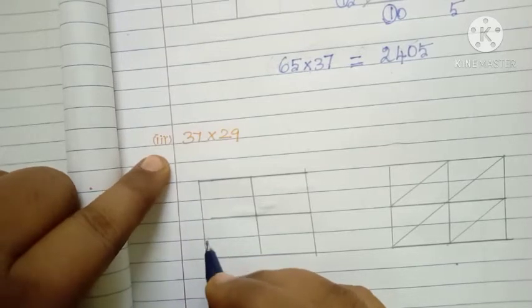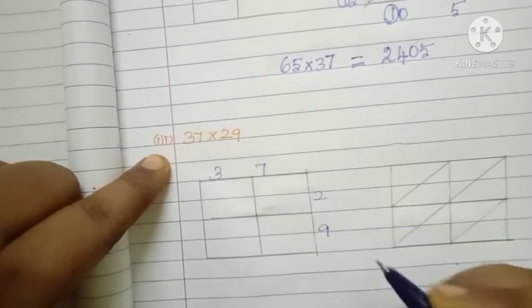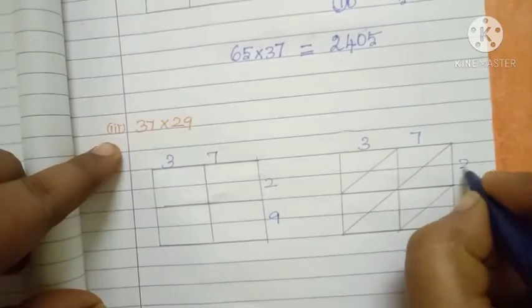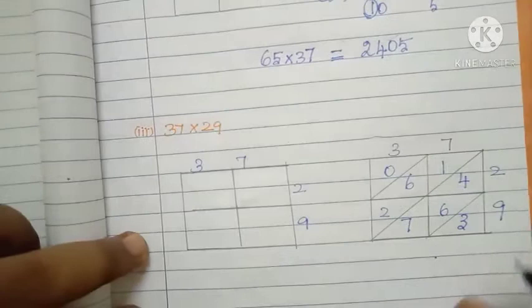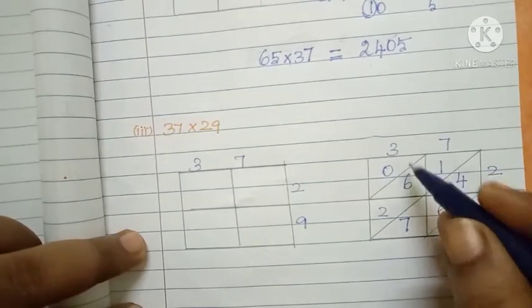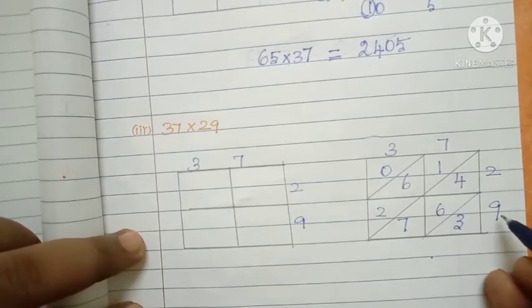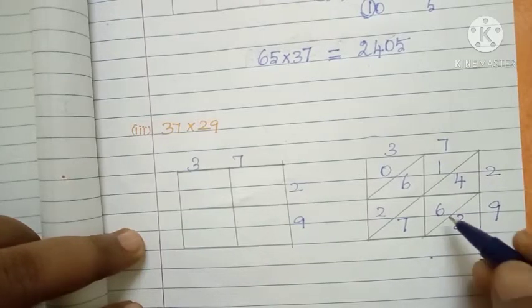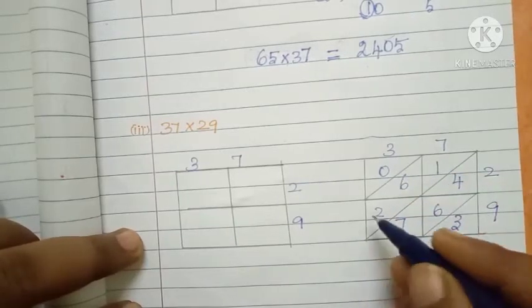Do now the third sum, 37 and 29. Arranged here again, 3, 7, 2, 9. 2 sevens are 14, 1 4. 2 threes are 6, so here 0, 6. 9 sevens are 63, 6 3. 9 threes are 27, 2 7.